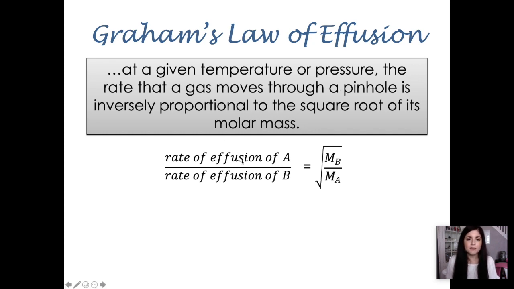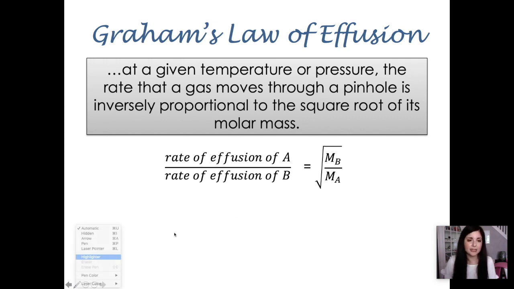So the rate of effusion of gas A over the rate of effusion of gas B, so we're making a proportion here with those rates, how fast they're moving, is equal to the square root of the molar mass of B. Notice how gas B is on the top on this side of your expression. The rate of effusion of B is in the denominator on the left-hand side of the equation, whereas on the right-hand side, the molar mass of B is on top.